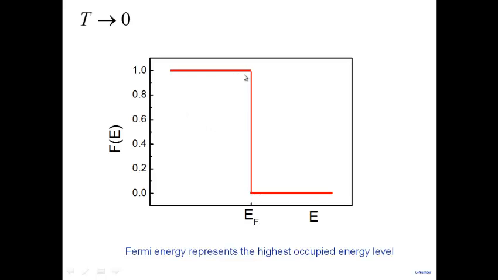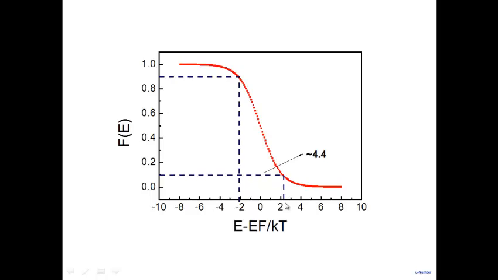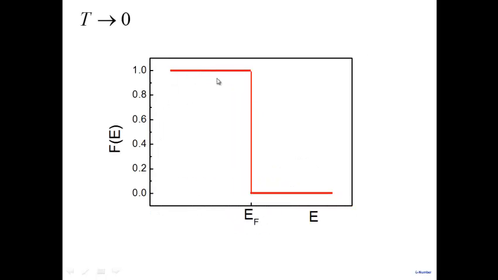Now, the reason why I've drawn this particular picture is, although I know the Fermi-Dirac function looks like this here, many times for simple calculation, we approximate it like this here. If I want to do a very quick analysis of something, I think of my Fermi-Dirac function like this: below EF, everything is occupied, above EF, everything is empty.